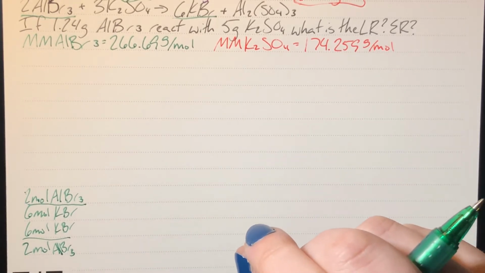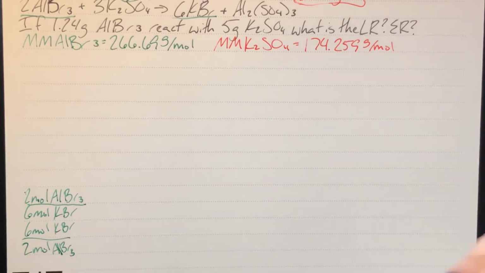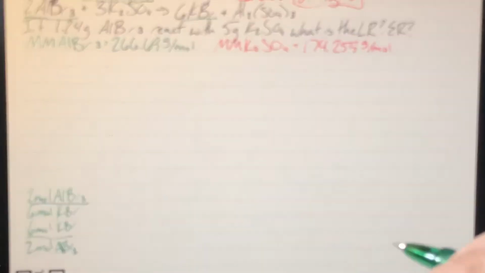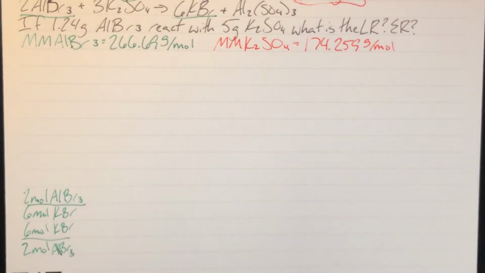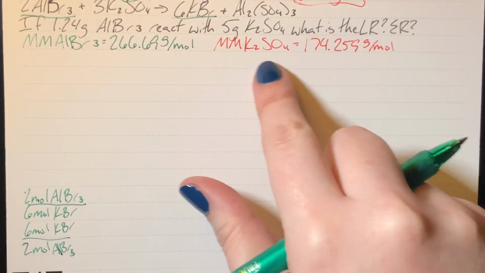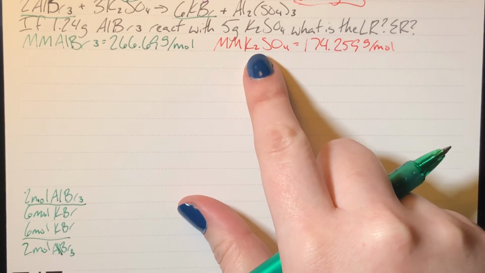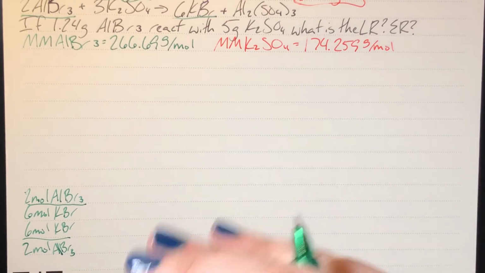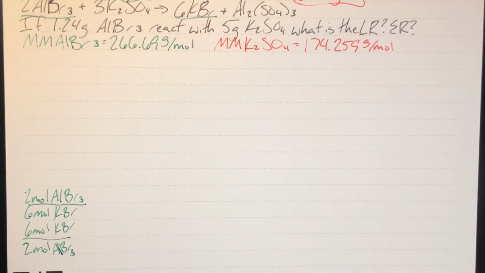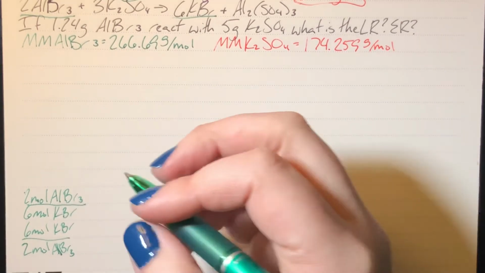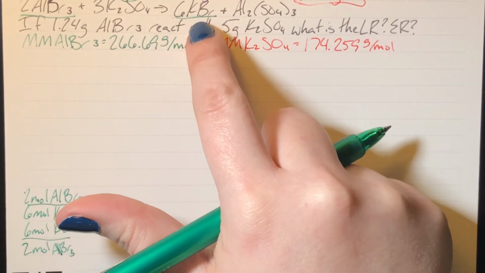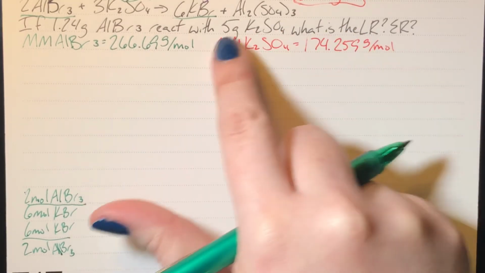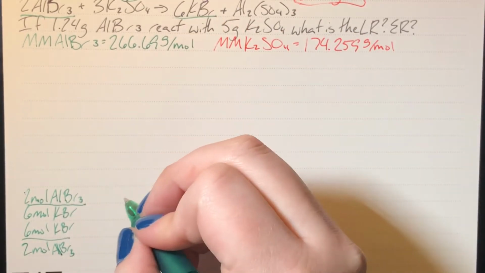The thing that I need to be really careful of here is, because it didn't tell me a product that I cared about, I just need to make sure that I'm being consistent. If I did the mole to mole ratio between potassium sulfate and aluminum sulfate, well, now I can no longer really compare my results, because I'm not comparing apples to apples. It's a completely different problem, and so they're not comparable. So I need to just make sure that whenever I do my mole to mole ratio for this second problem, that I am picking potassium bromide as well.